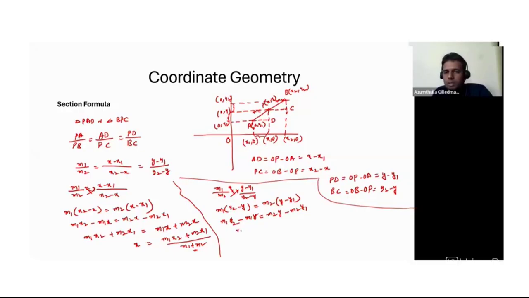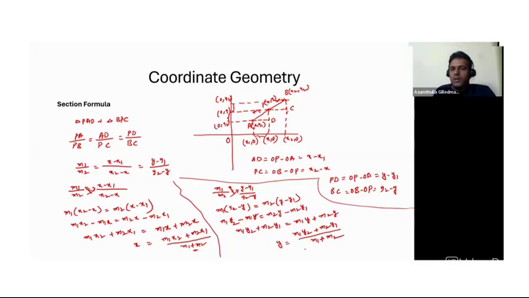So this becomes m1 y2 plus m2 y1 equals m1y plus m2y. That means, can I write y as m1 y2 plus m2 y1 by m1 plus m2?